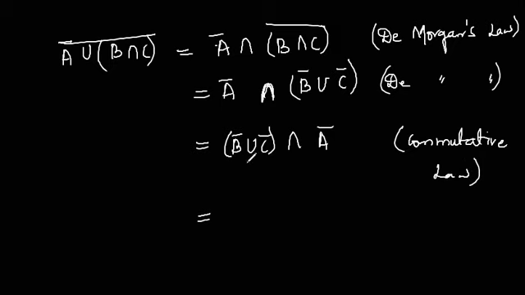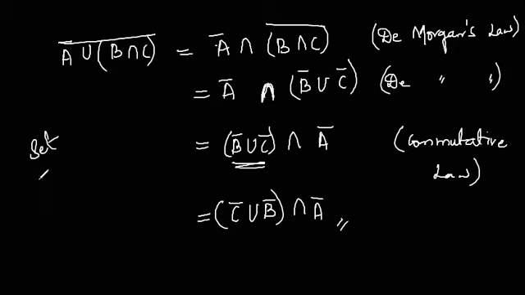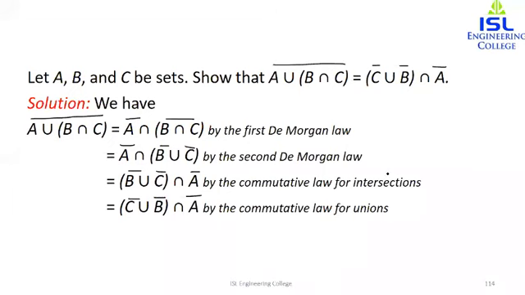Now we will be using the commutative law on the inner bracket, so it will be C complement union B complement intersection A complement. So this was what we were supposed to prove, and since it has not mentioned set builder notation, we used set identities. Okay, let's see the solution once. By the commutative law for unions, intersection, and the same thing.